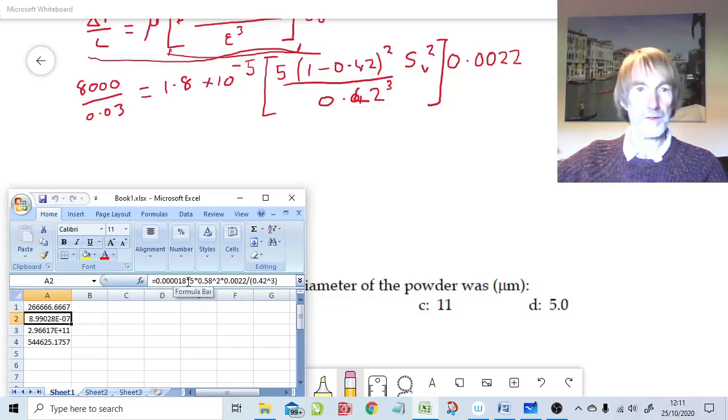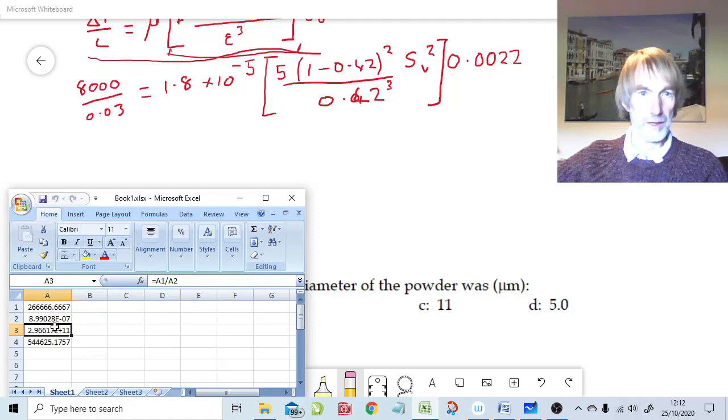I think I called this density actually when I was talking about it earlier on. Sorry about that. Obviously it's not density, it's viscosity. So the viscosity of air is 1.8 times 10 to the minus 5. Then that's our 1 minus the voidage squared. 0.0022 is the superficial velocity, and then that's our voidage cubed, all calculated.